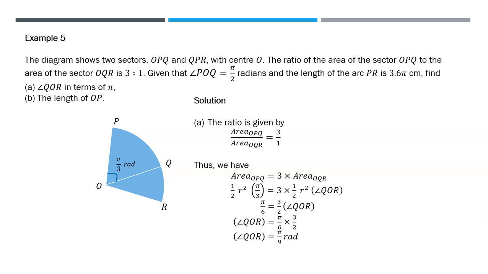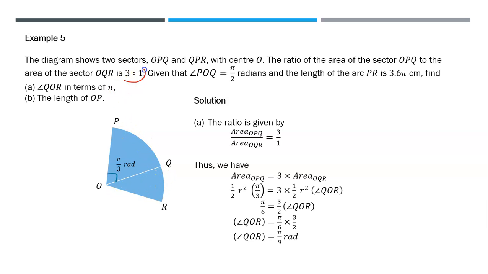Okay, maksudnya sebenarnya di sini ni ada 3 sektor kan sebenarnya. The first sector is the big one, OPQR. Second one is OPQ. And then third one is OQR. Alright? So the ratio of the area of OPQ to OQR is 3:1.